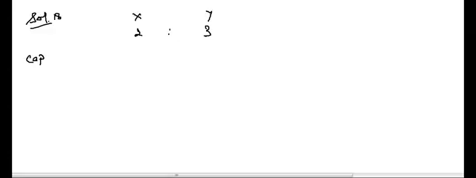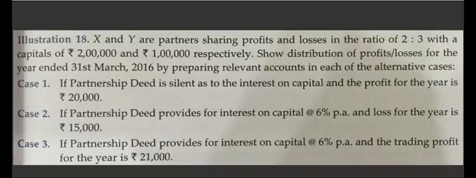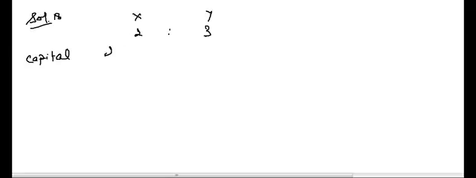They have capitals of 2 lakh and 1 lakh. Clear?